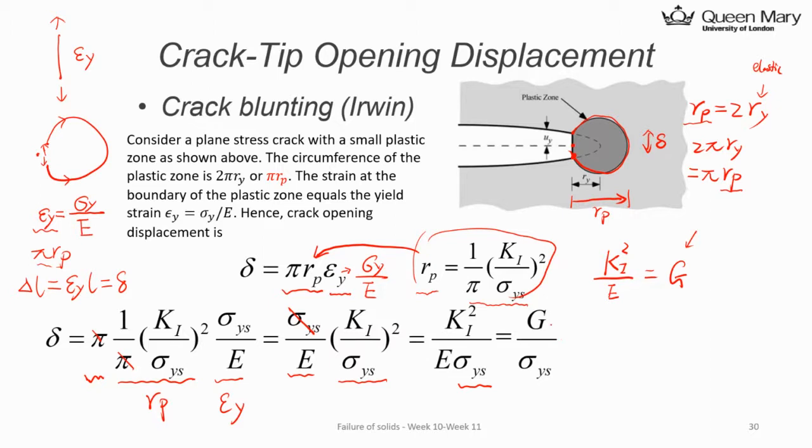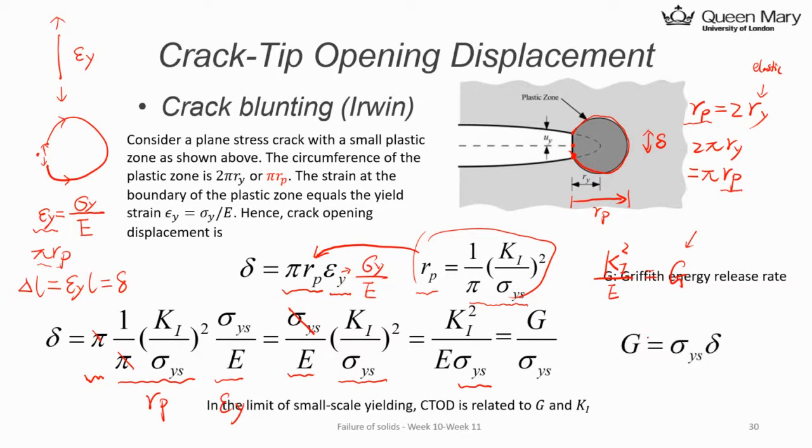So you can reduce the equation into this one, okay? G is the Griffith energy release rate, and you can finally find the equation like I wrote before. Similarly for J, which we will derive later on. So you find J just equals G, okay? The right hand side is the same.